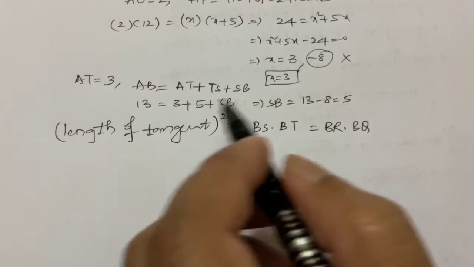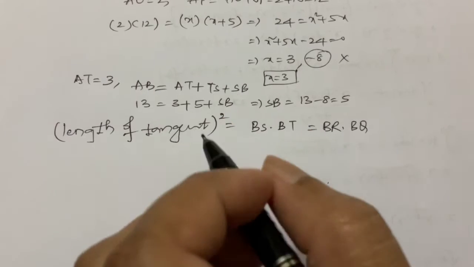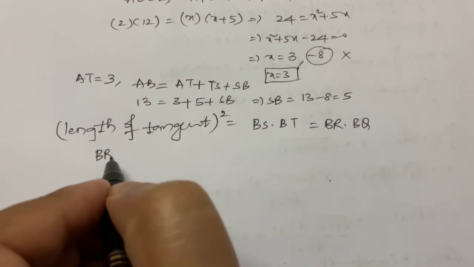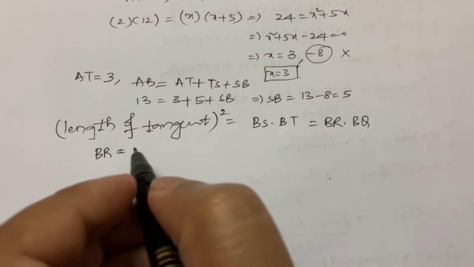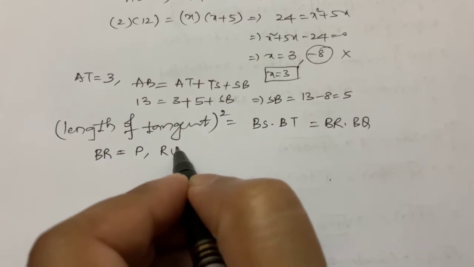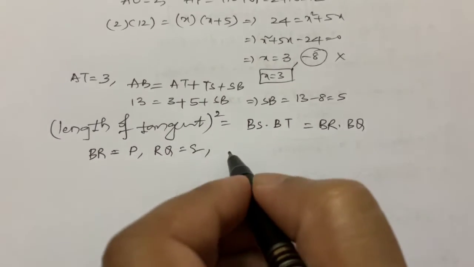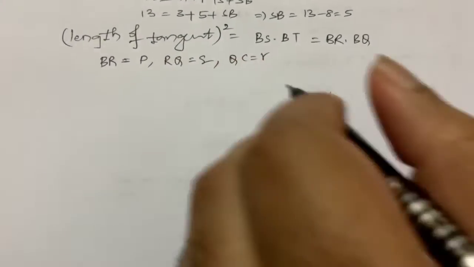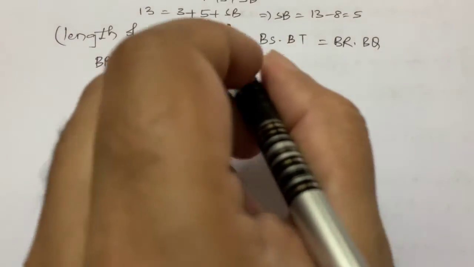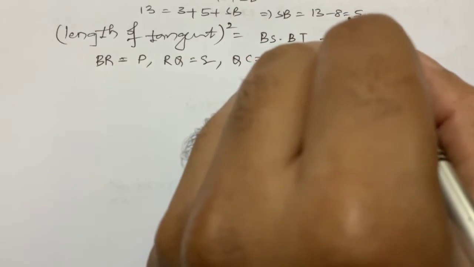BR, RQ, CQ, nothing we know. So we can assume BR is equal to P, RQ is equal to Q, and QC is equal to R. Now BS is 5, that is what we got here.